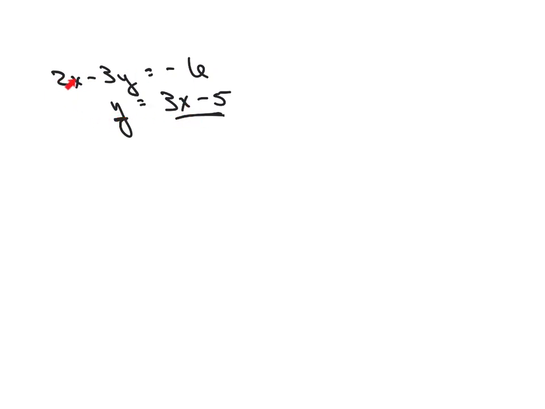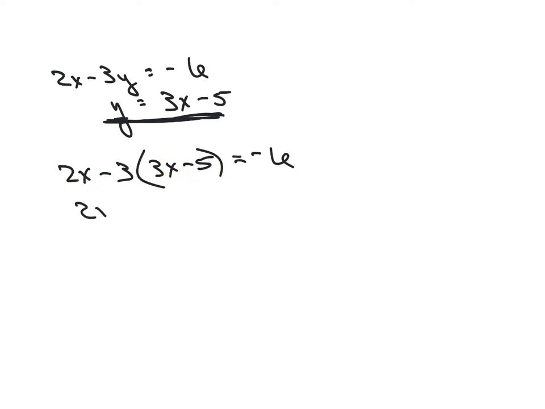So what I'm going to do is look at the top equation, and instead of putting a y in, I can put a 3x minus 5 in, because they're the same thing. They're equal to each other, it says right here. So I can do that. And look what happens when I do that. My y is gone, and all I have are x's, which means I can solve for x.